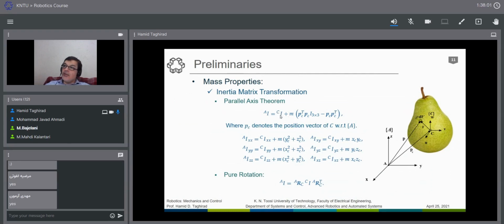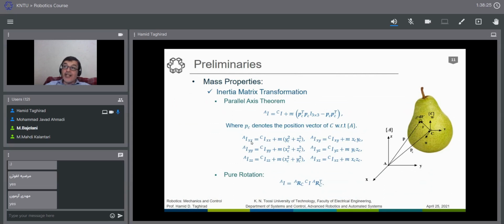But usually we consider it. These are easy to find. You say Ixx. Consider that the X frame is moved from here to here with a Yc and Zc. The distance between these two frames is Yc.